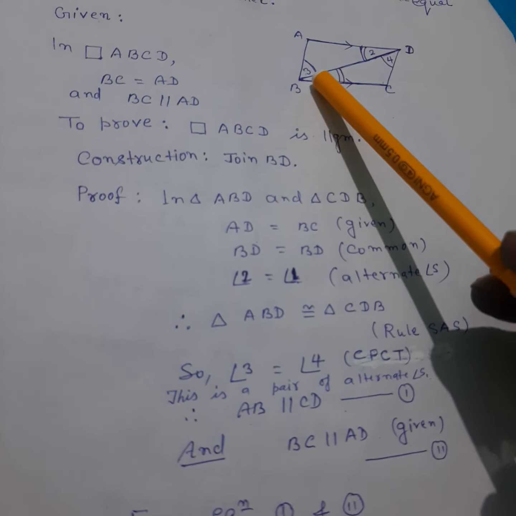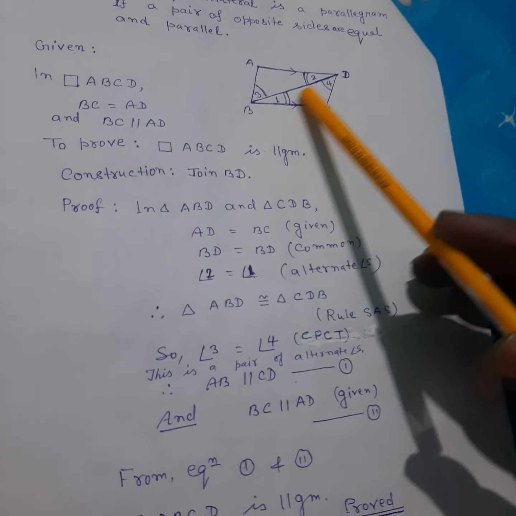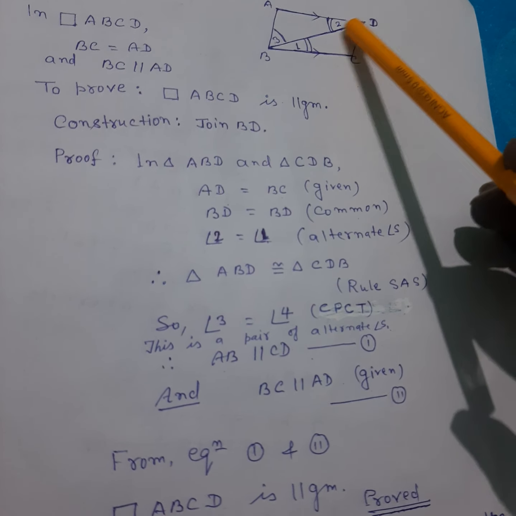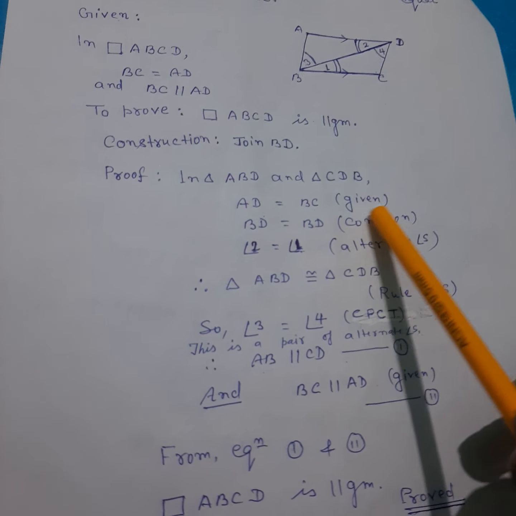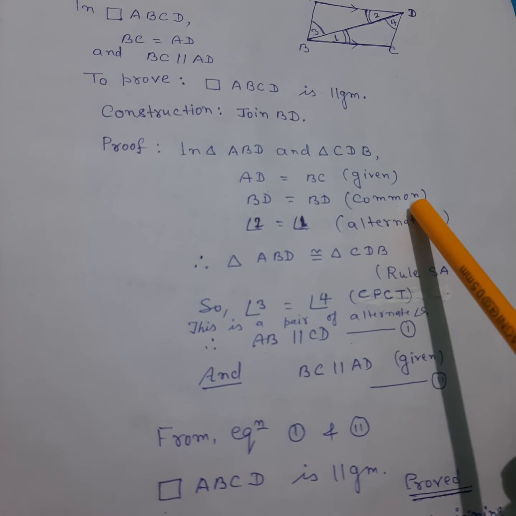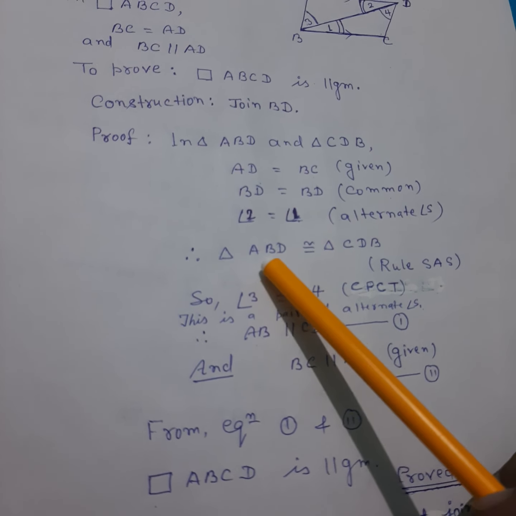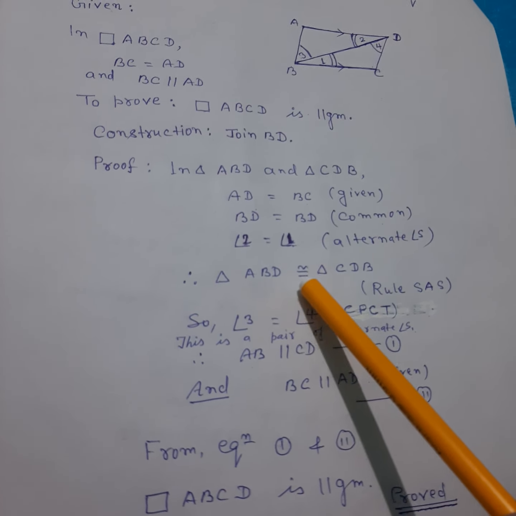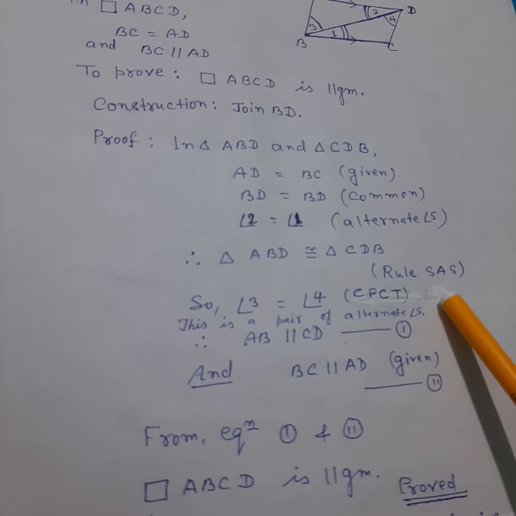Construction: join BD. Proof: now in triangles ABD and CDB, as we observe here, AD equals BC, given, and BD equals BD, common. Angle 2 equals angle 1, alternate angles. So both triangles ABD and CDB are congruent by using congruence rule SAS.